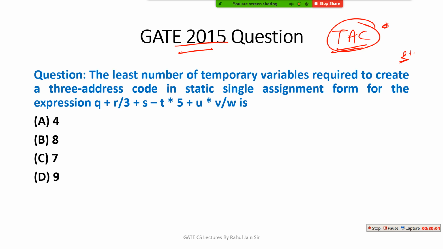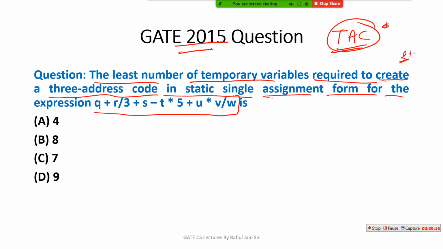The question is: the least number of temporary variables required to create a 3 address code in static single assignment form for the following expression.